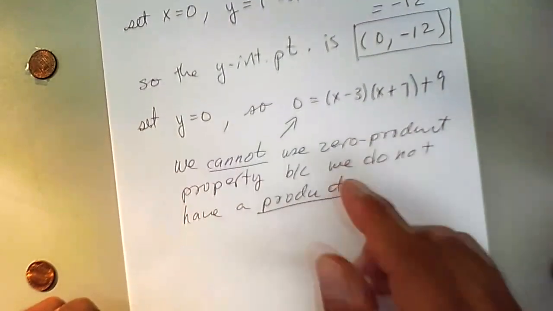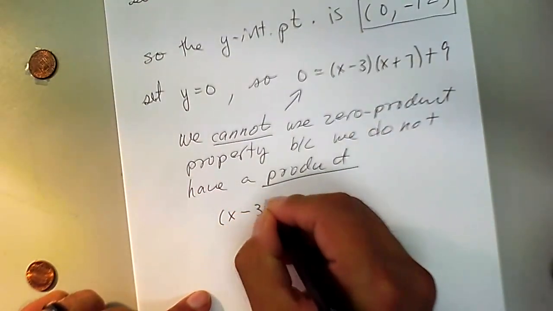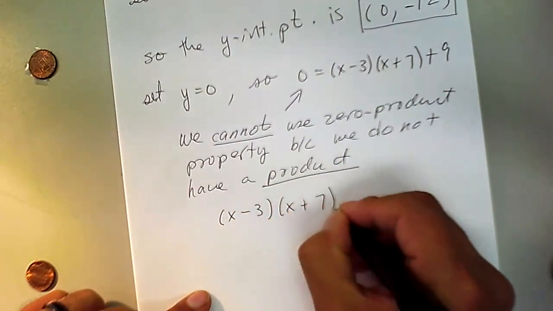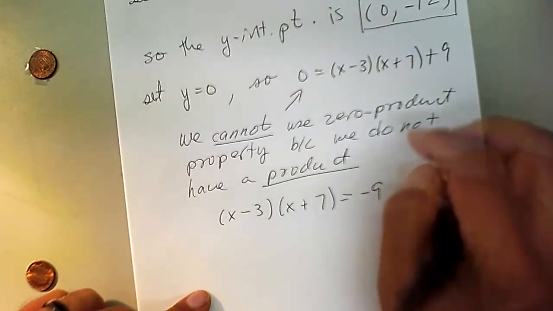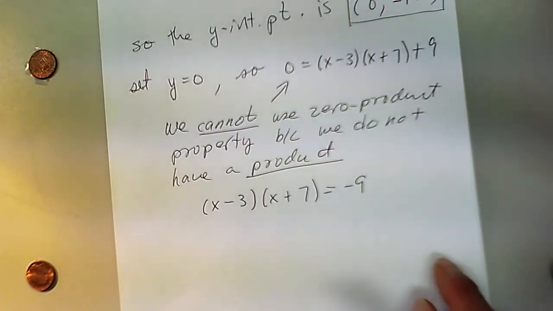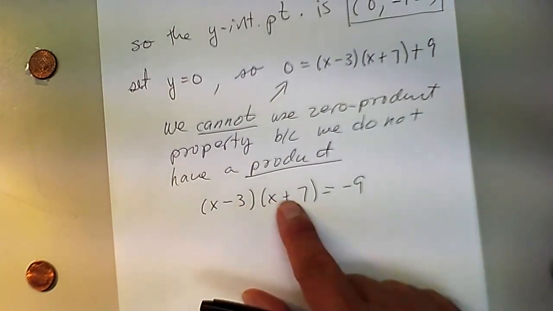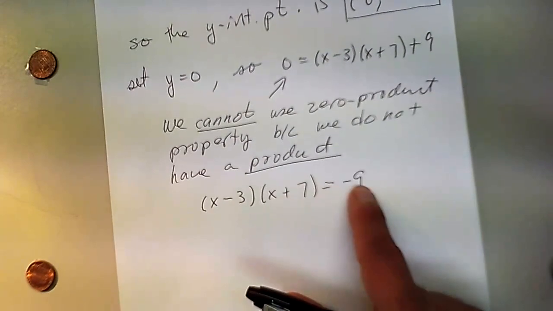Now, somebody could say, well, what if we write (x minus 3)(x plus 7) equal to -9? What if we move the 9 over and just rewrite it the other way? Can we say that x equals 3 and x equals -7? No, because we don't have a 0.